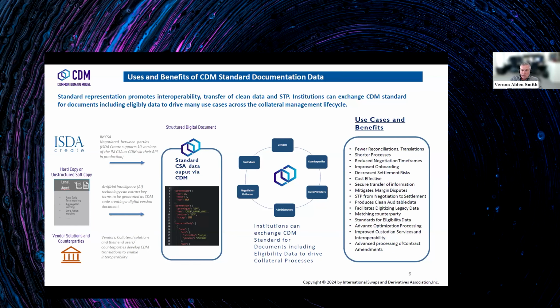There are also other use cases such as hard copies, unstructured soft copies. Artificial intelligence can be used to read key data from those paper documents and convert it into one standard structure using the CDM. And also vendor solutions can implement mapping translations to enable them to talk CDM to other solutions and counterparties and end users.